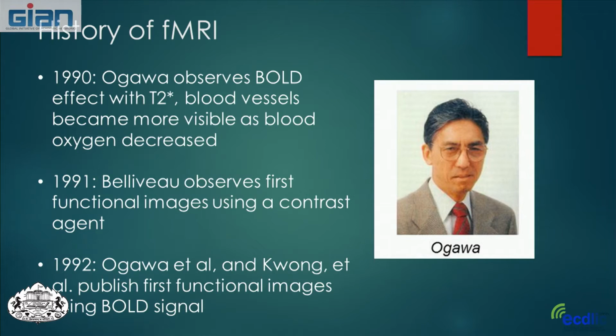Near the blood vessels, we saw these local changes in the magnetic field, and he brilliantly decided that we could use this effect to our advantage and study function in the brain. In 1991, Belliveau observed the first functional images using a contrast agent. Of course, today we don't need to use these contrast agents anymore. In 1992, the first functional images using this BOLD signal were published.